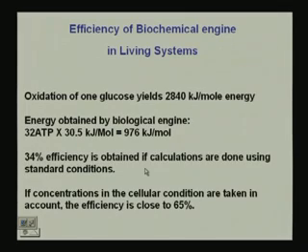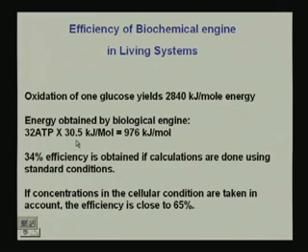So, if we look at the efficiency of biochemical engines in living systems, the oxidation of one glucose actually yields this amount of energy, 2840 kilojoules per mole. So, the energy obtained by the biological engine gives us 32 ATP, that is 30.5 kilojoules per mole, giving us 976 kilojoules per mole.